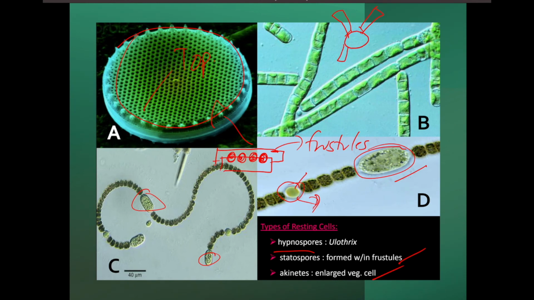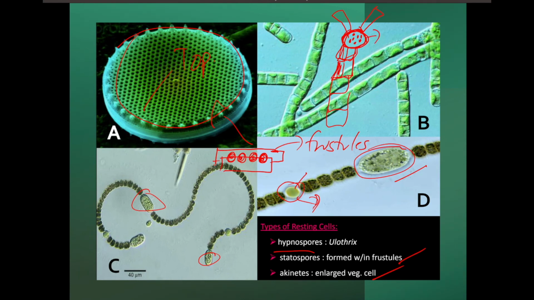It's still a normal uniseriate cell, but on certain regions of your uniseriate Ulothrix, you will see a portion that is different in morphology, wherein it's more enlarged and has a somewhat dense region. So this is your hypnospore.